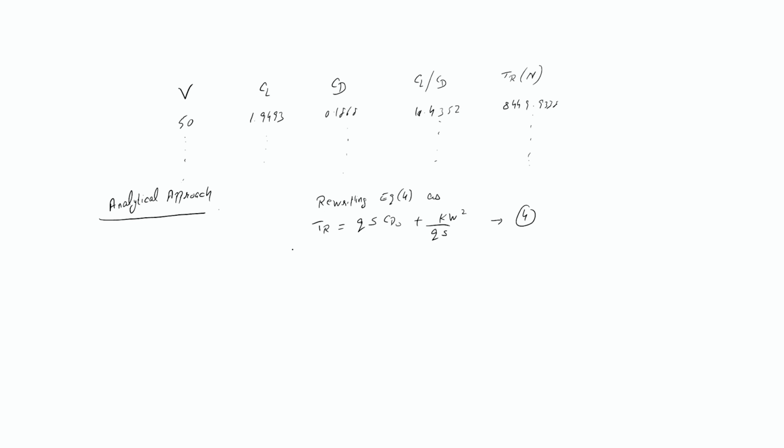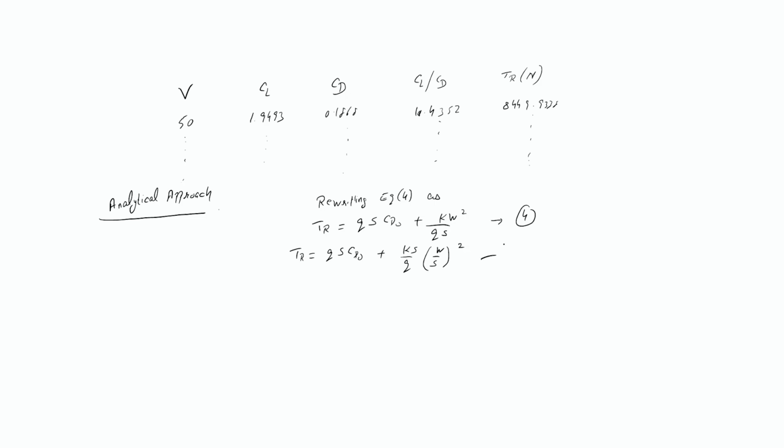Now let me write here thrust required equals to q S CD naught plus K S by q, W by S whole square. Thrust required equals to q S CD naught plus K S by q, W by S whole square.